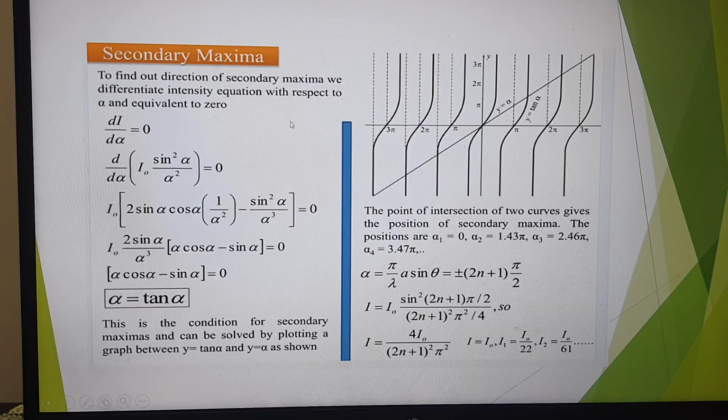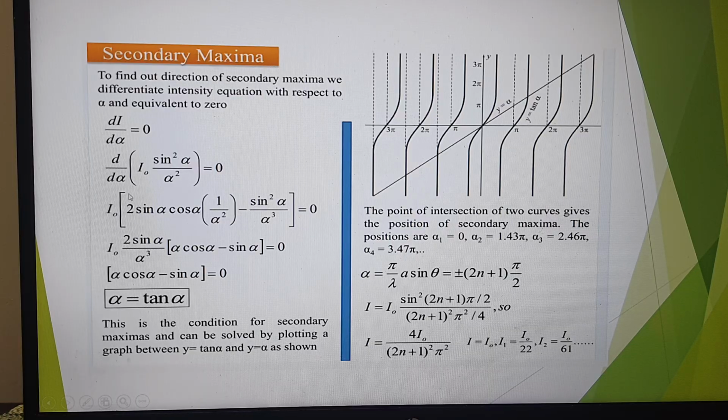That is why we are differentiating the intensity. According to derivative rules, that is dI by d alpha equal to 0. Then d by d alpha, you can substitute the I values from the previous slide, that is I naught sin square alpha by alpha square equal to 0.